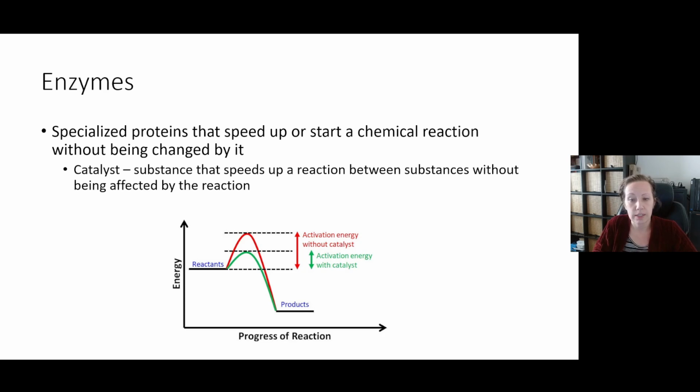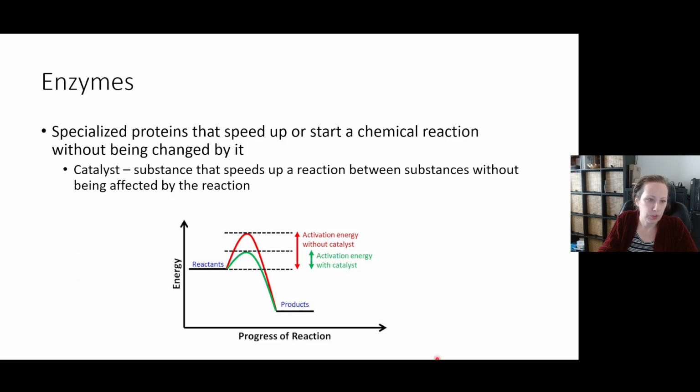Each enzyme only catalyzes a specific chemical reaction. And that's why we have to have so many different ones, because there are lots of different chemical reactions going on in our cells. Now, a lot of times, although technically the reactions could happen without the enzyme, in practicality they wouldn't because too much energy would be required.